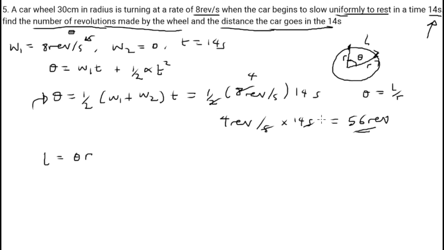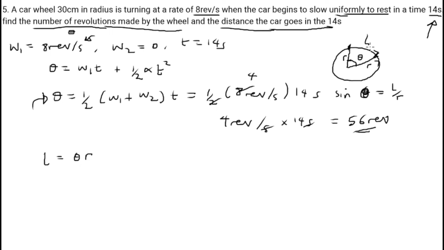Actually, it is supposed to be the sine of angle theta, because sine is opposite upon the hypotenuse. So L is the opposite, and R, the radius, is the hypotenuse.